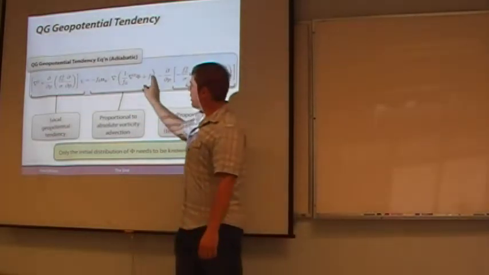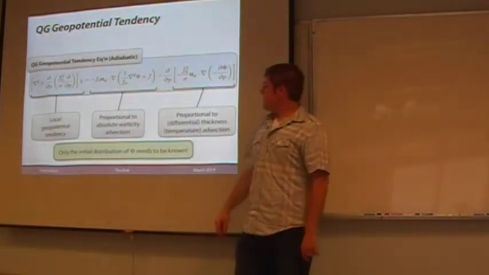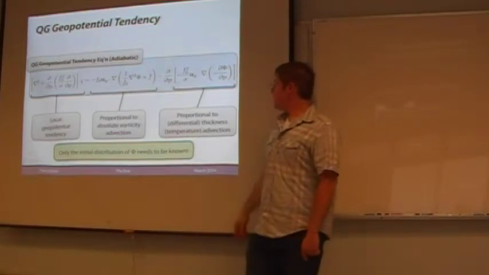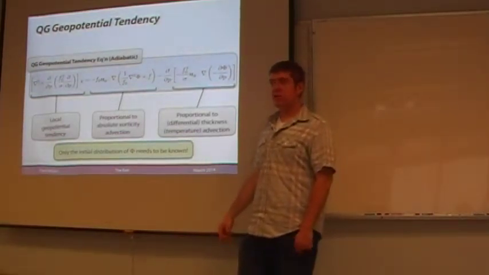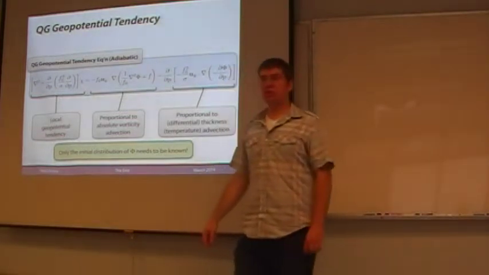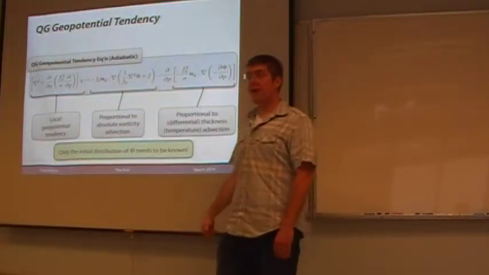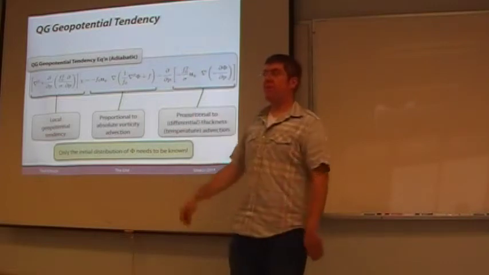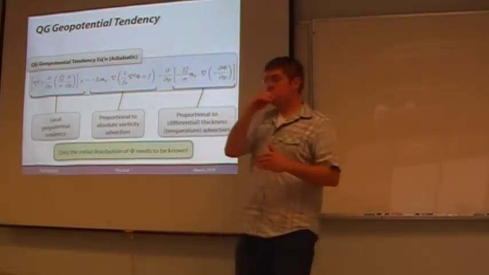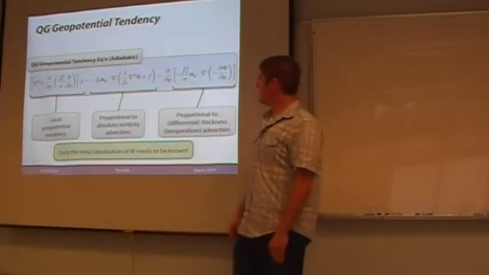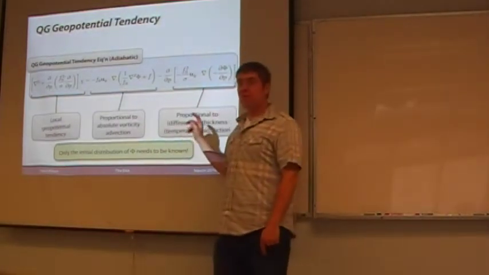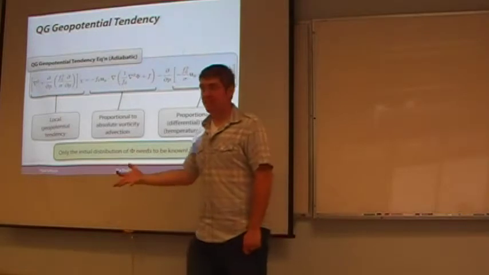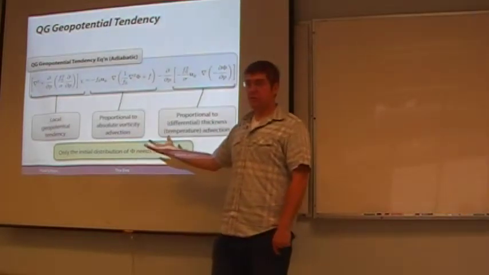The two terms are absolute vorticity advection and differential thickness or temperature advection. Recall that thickness is proportional to temperature. So warmer air tends to have thicker layers, larger distance between geopotential surfaces. So these two terms are the dominant drivers of the evolution of the geopotential for the mid-latitudes.